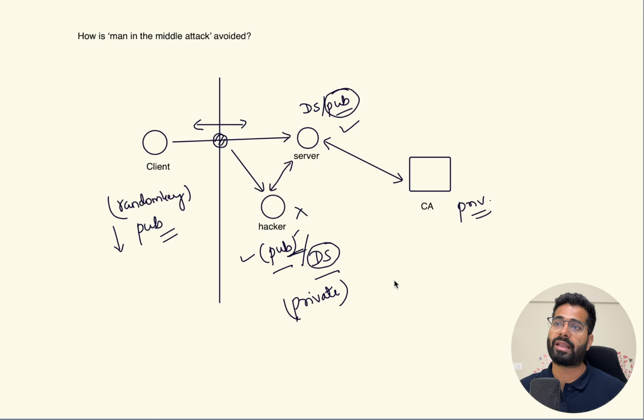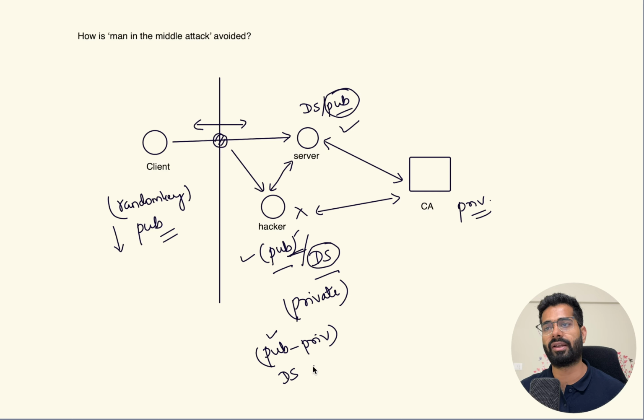Now let's say someday this hacker creates its own public key and private key, and gets its public key digitally signed by the certificate authority. And now it sends its public key and digital signature to the client.